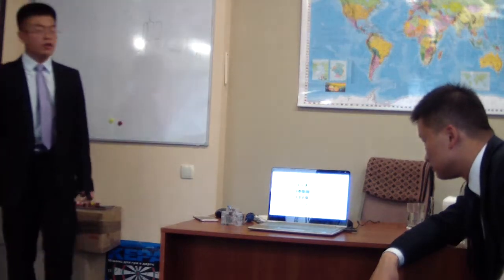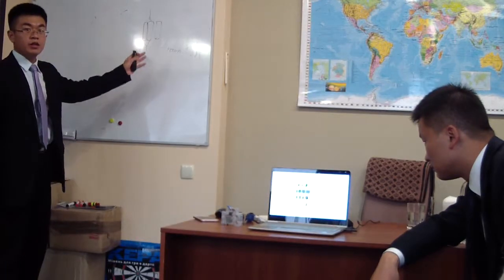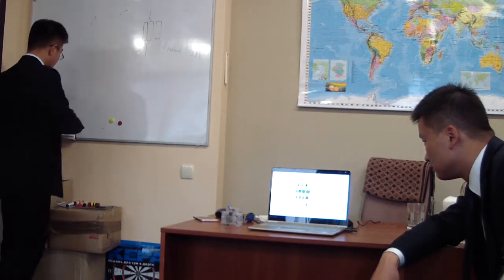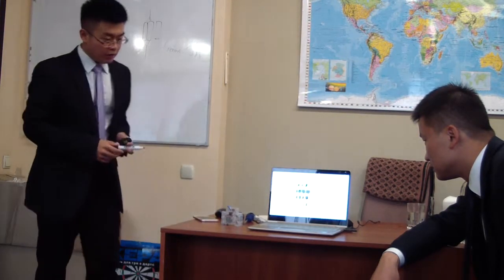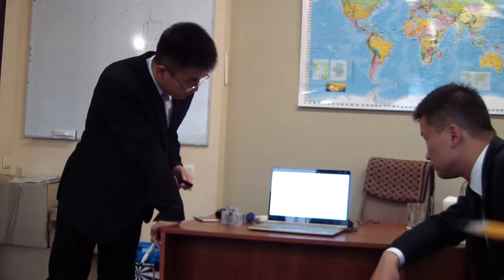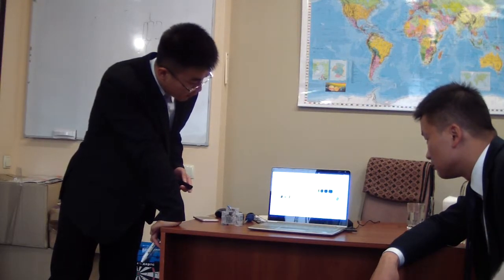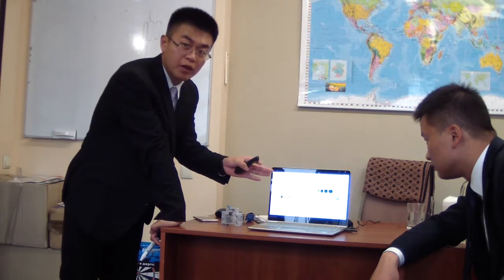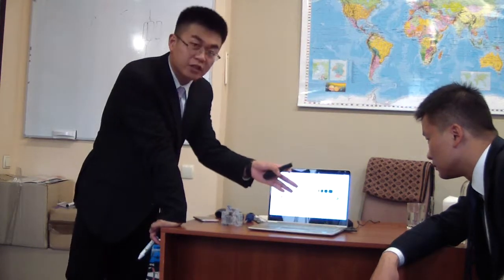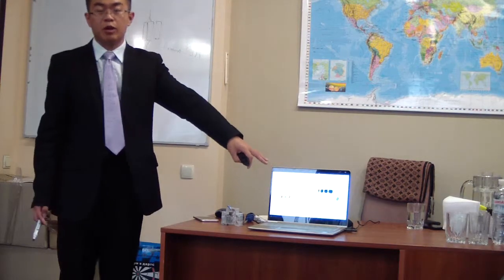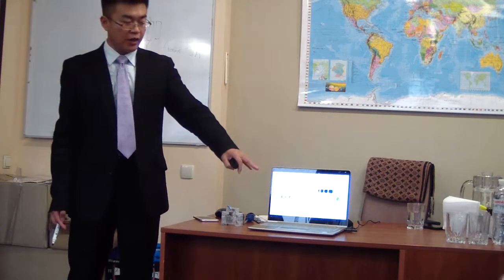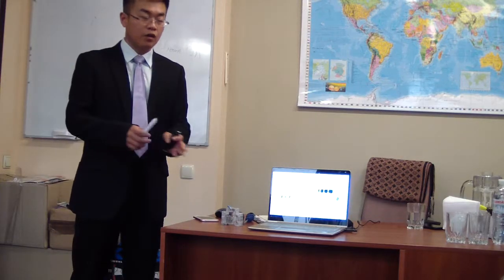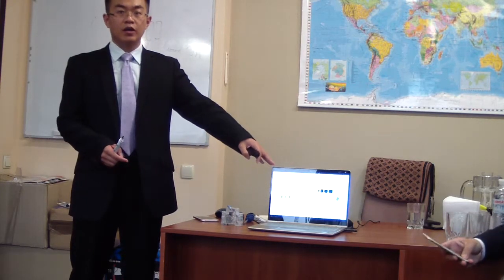Here is the difference. Then we can see some parameters about the different frames. Later I will send this PowerPoint to you, and you can let your colleagues see them.